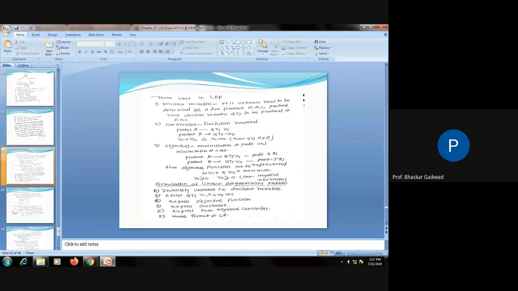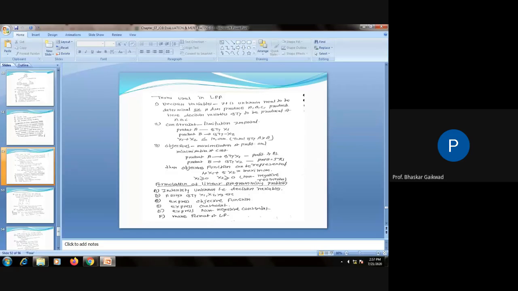Now the next thing is that the objective function can be represented by 4x1 plus 5x2 is equal to maximum. So this is the formulation. This is actually linear programming. Here 4 is the price in rupees, quantity x1, 4 into x1 plus 5 into x2.